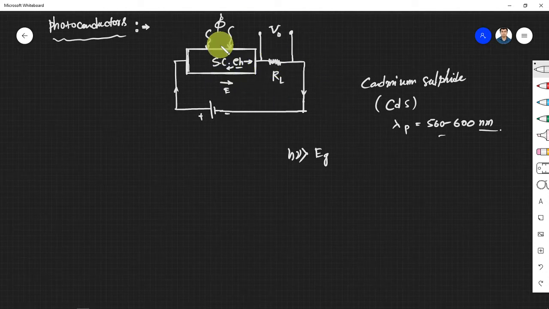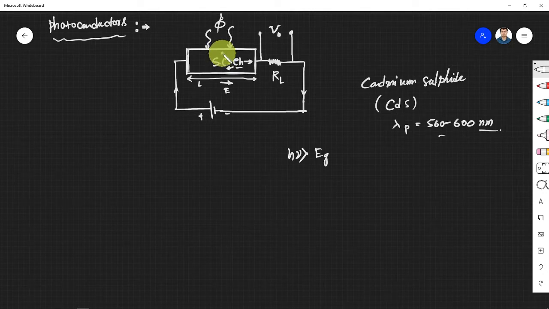And again, to reduce the transit time, note that the response time will depend on the device length, right? Here the device length is L. I'll just give you the concept of why we go for the interdigitated electrode. Suppose a photon got absorbed in this particular position, and the electron hole pair will be generated locally.